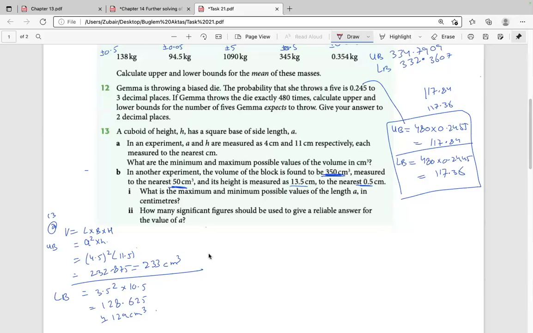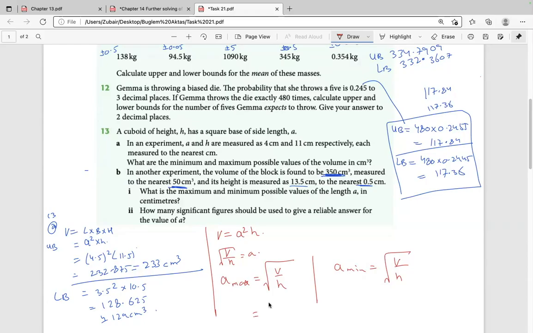So first we write the formula. Volume is a squared h. So when we are talking about a, let me make that the subject: the square root of V over h equals a. So for a max, V over h, and a minimum, V over h.